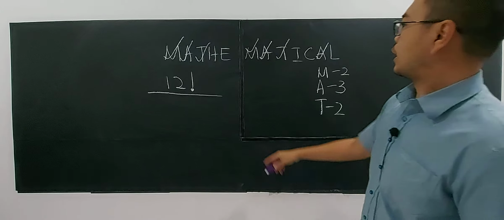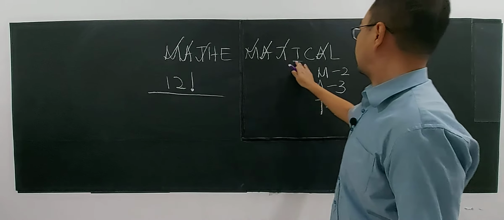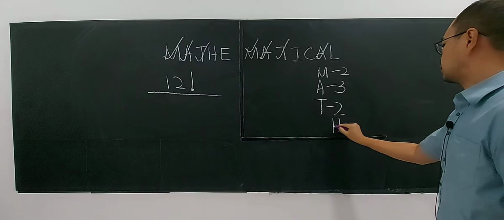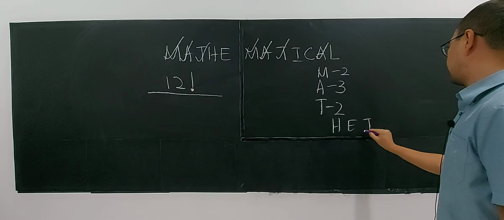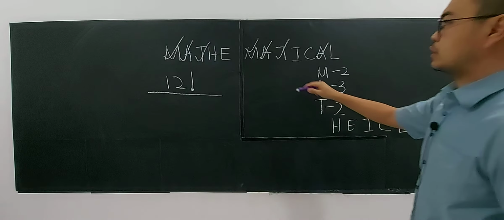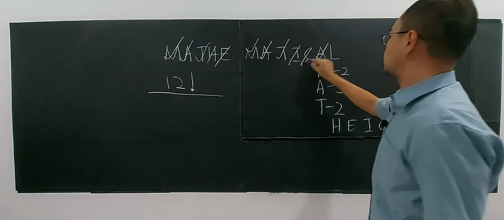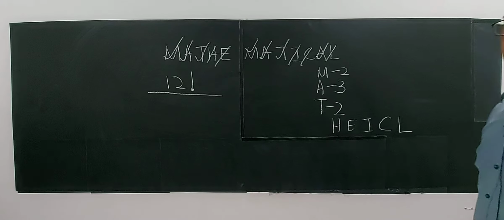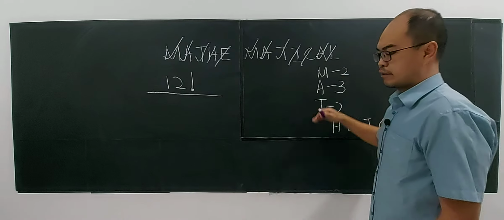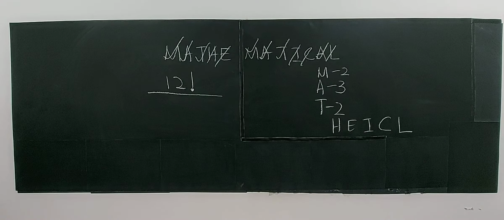The rest are H, E, I, C, and L, which are not repeated. So it's very easy. I have identified which alphabets are repeated.